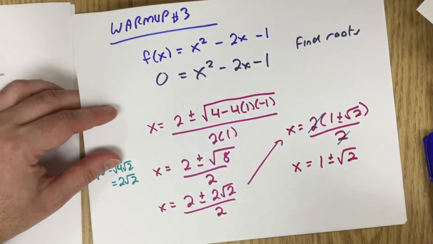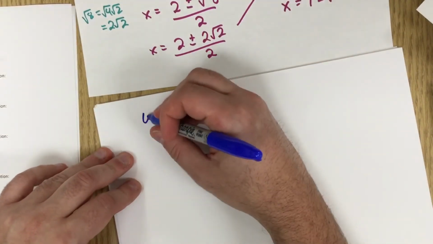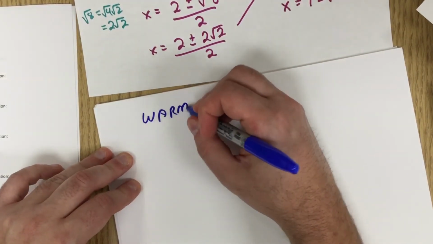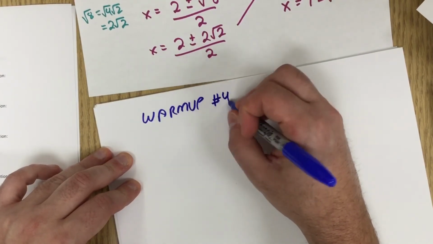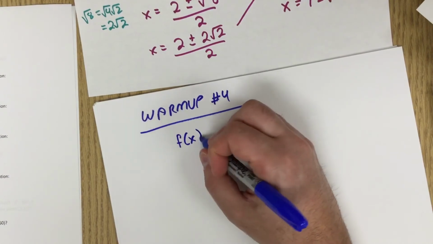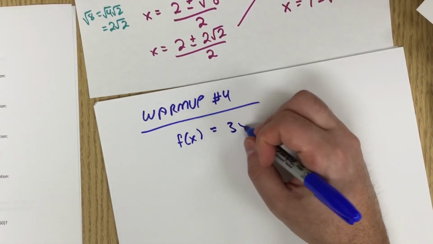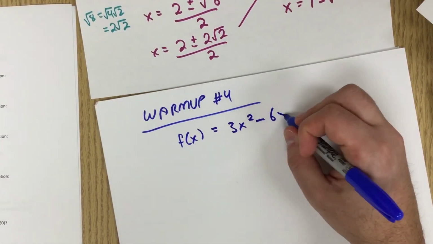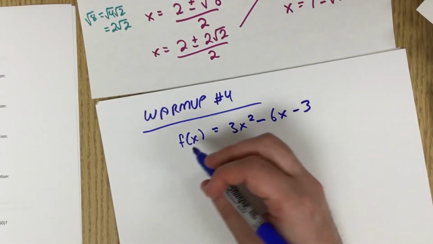And we could do the same thing. I don't think I'm actually going to go through it fully on the video, but you could definitely try it out yourself. So I believe f of x equals 3x squared minus 6x minus 3, and you solve it.